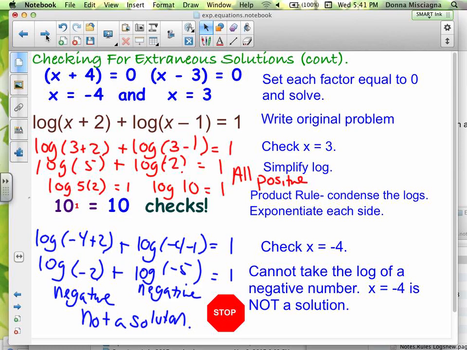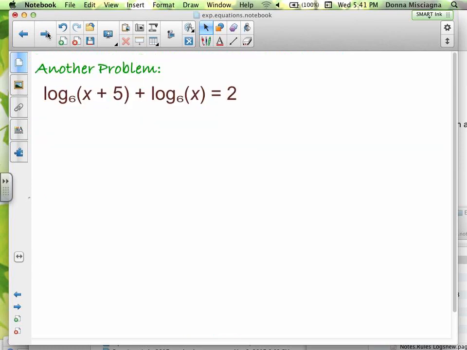I gave you a space for it and I gave you the steps, but I didn't actually give you all the steps for the check in your notes. So just pause the tape and fill that in and put a big old stop sign when you get to the one where it says no solution, because you want to make sure you don't try and condense that, because that's false.